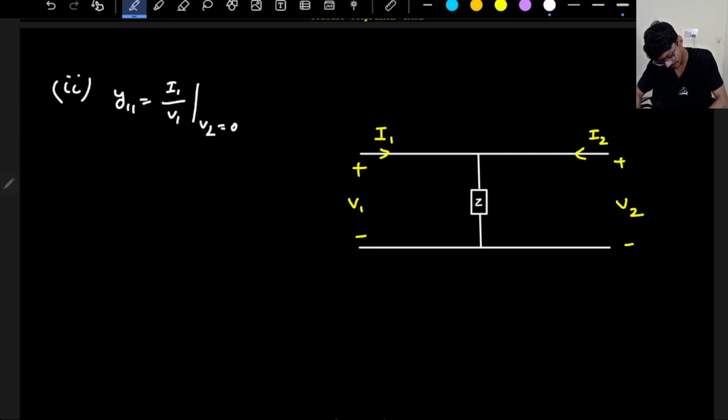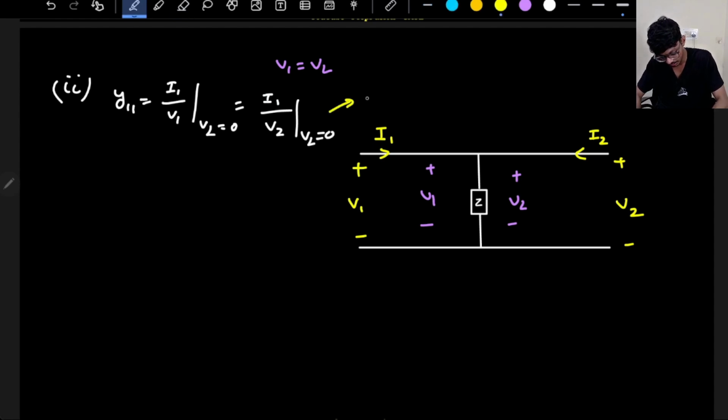So I can directly see that my V1 and V2 are the same, they are parallel. So V1 is equal to V2. So I can rewrite this equation as I1 divided by V2, where V2 is 0. So again, finite upon 0 will tend towards infinity.